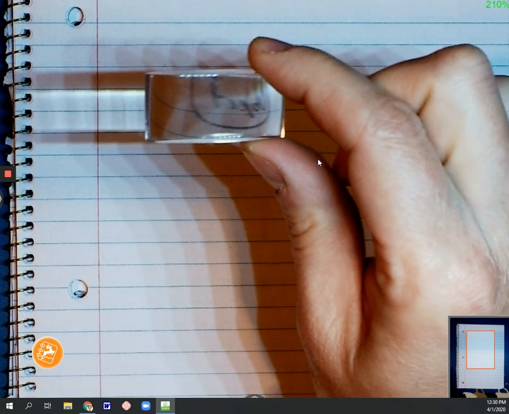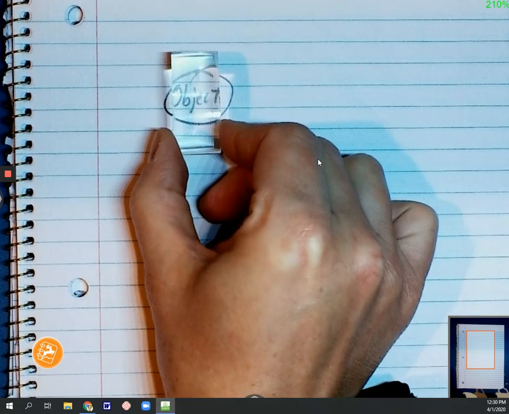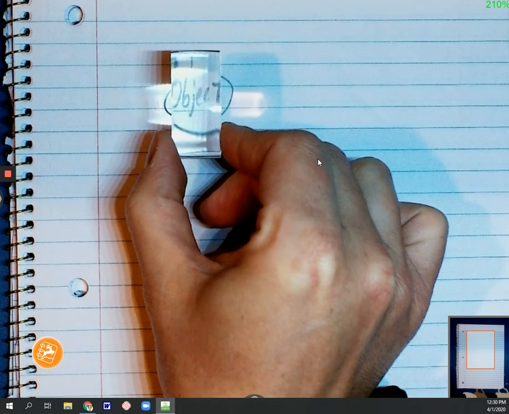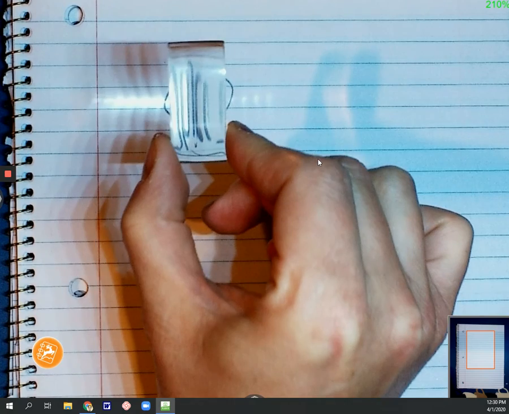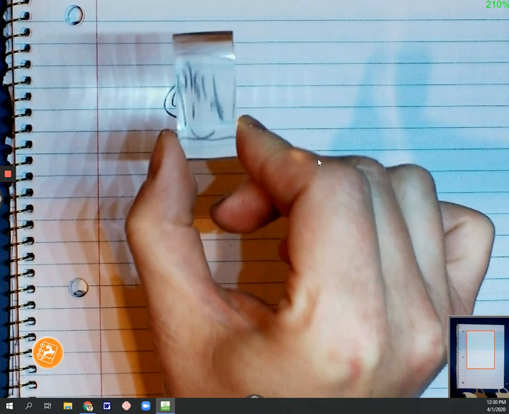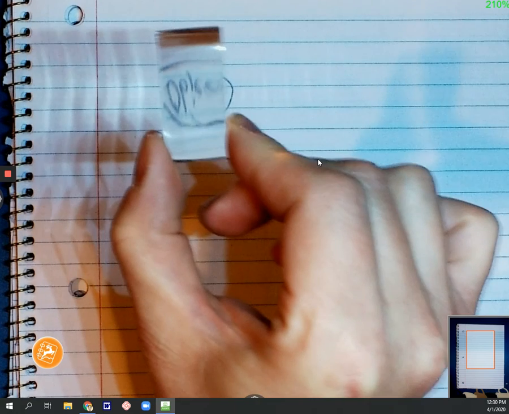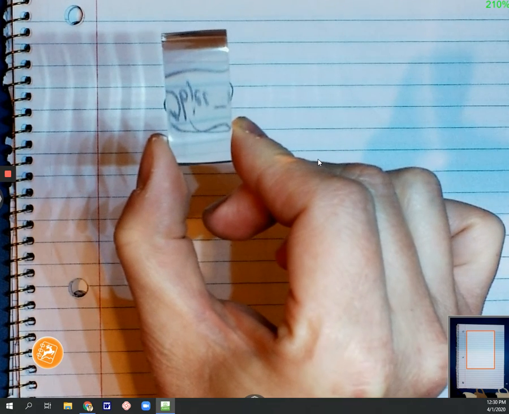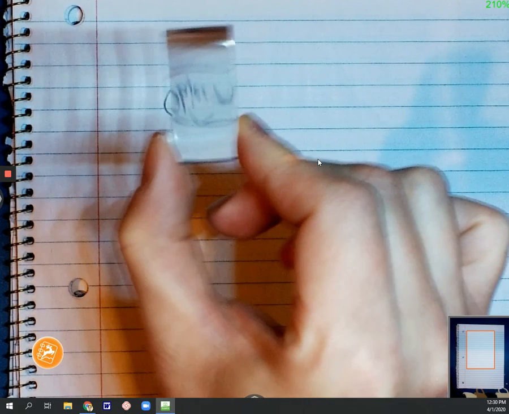It's reversed. If I turn my lens like this and bring it up, it gets bigger and bigger and bigger. And now it's upside down. What I'm seeing right now is a real image that's being projected through that lens toward me further up here.